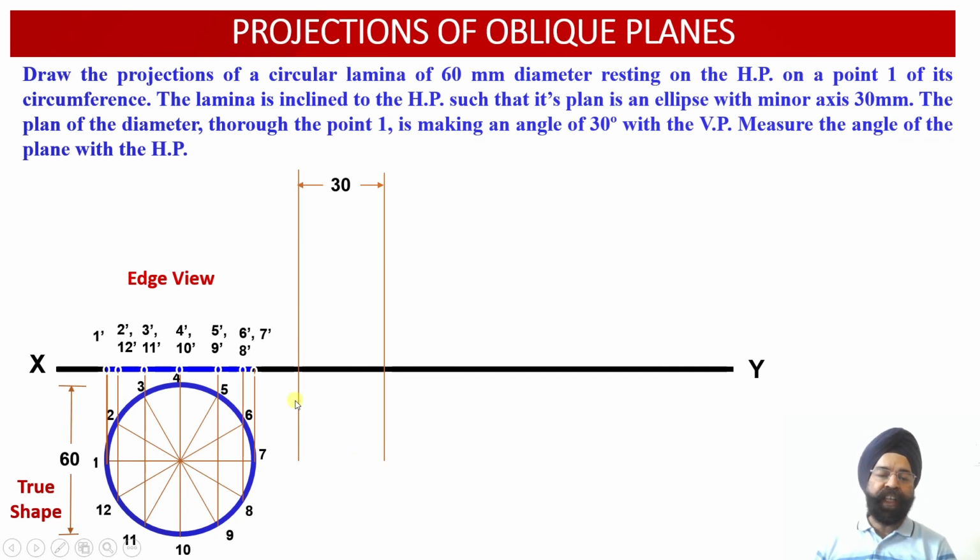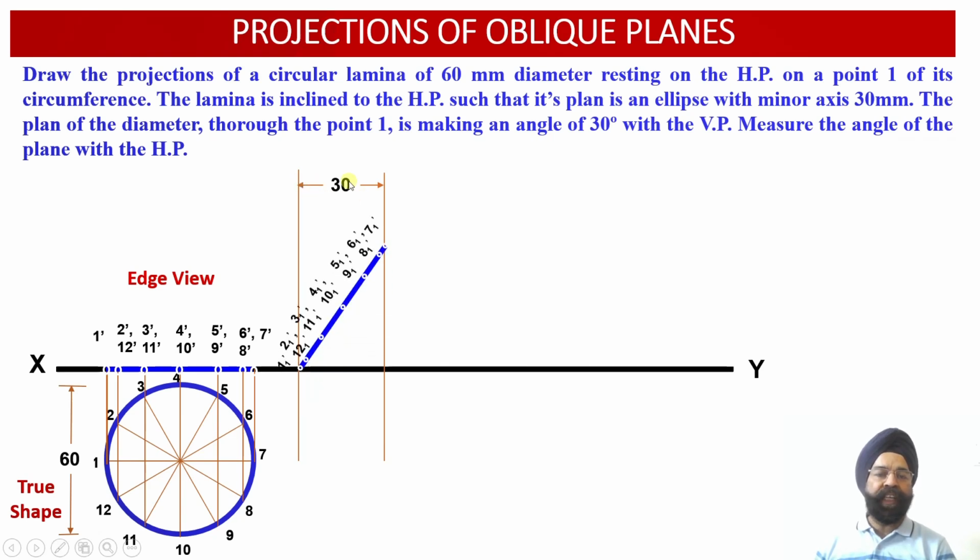So the end projector of point 1 is given, the end projector of point 7 is given, and the distance between the end projectors of points 1 and 7, which correspond to this diagonal which is going to be inclined with respect to the horizontal plane, has been provided to us as 30 millimeter.